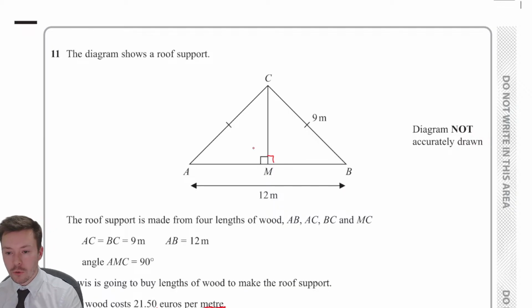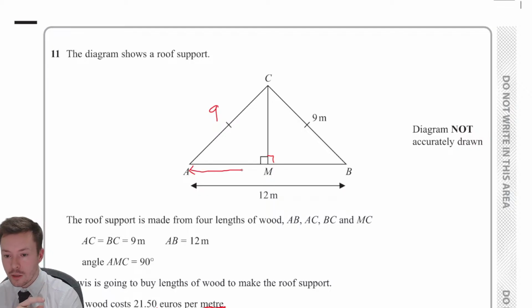So what we've got here is an isosceles triangle, and we need to work out all the lengths. So we've got 9, 9 and 12. Now, because it's isosceles and we've got a line coming down from the apex, so point C, to the base, and it meets at a right angle, this must be at the middle of AB.